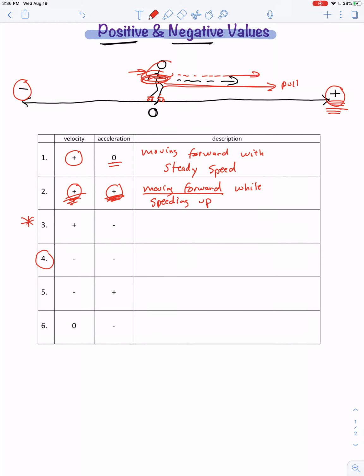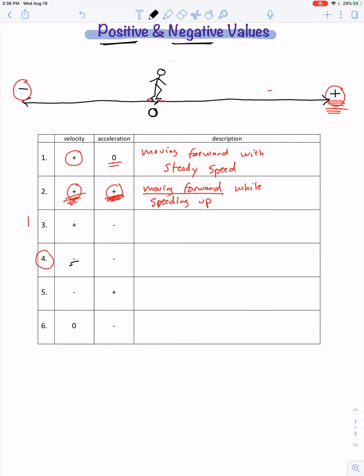Okay, so case number 4 is a negative velocity and a negative acceleration. Well, the negative velocity just means there has to be movement in the negative direction. Let me erase some of this. So we'll put our person back at the origin.